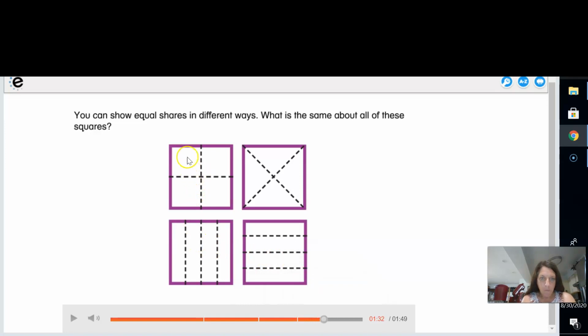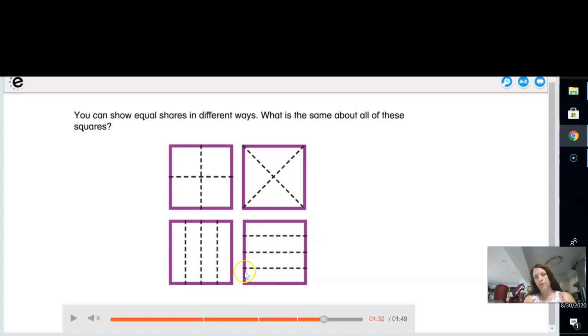Well, let's see. This square has been divided into four little squares, and they all look to be the same size, right? This one, they drew these two lines and divided it into four triangles that are all the same size. This one, they drew these lines straight down and divided it into four tall, skinny rectangles.